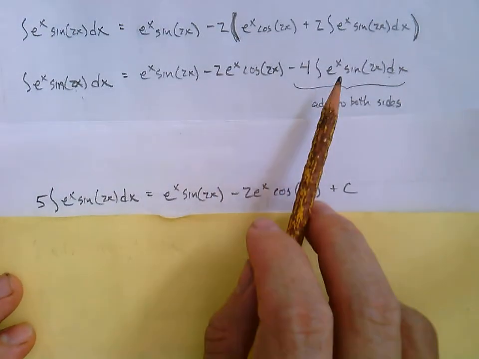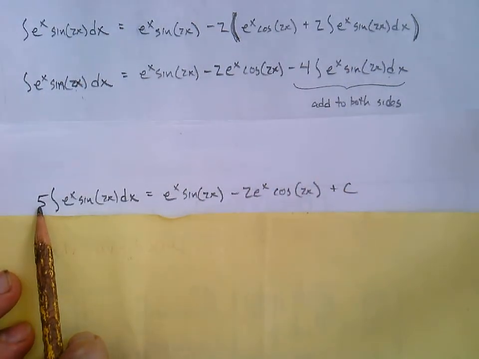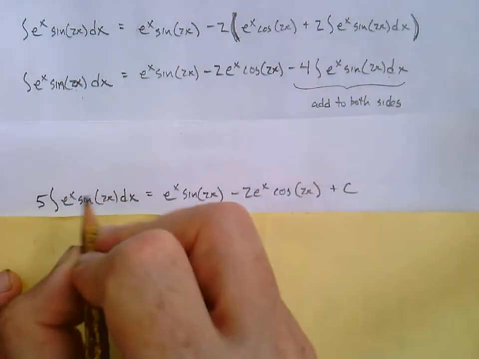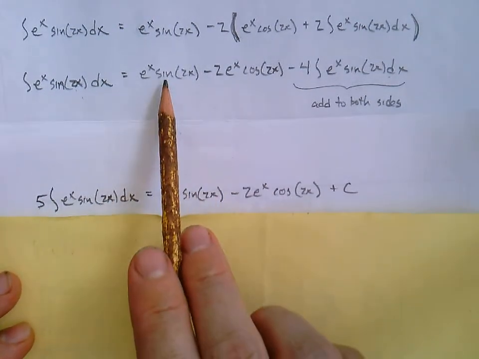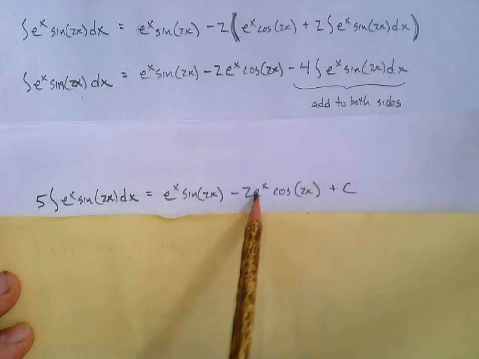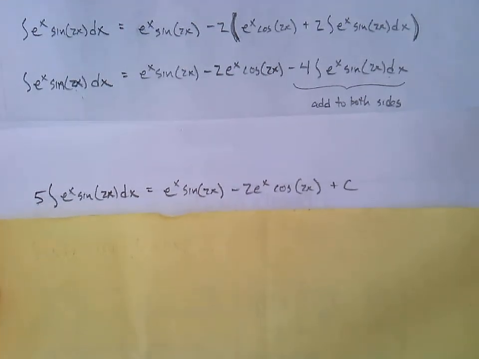Okay, so when we add that 4 times that integral, we've got 5 of the original integral equals, and then we've got these 2 parts. So I'll give you a moment to write all that.